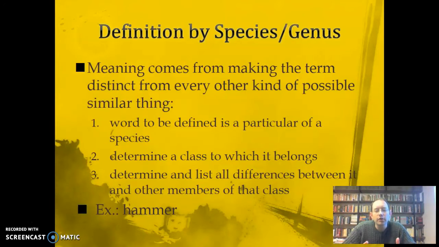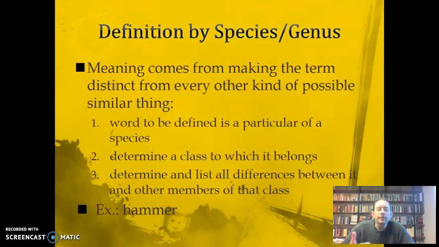So what makes a hammer different from other kinds of tools? And so then you talk about its shape, its form, its function, what it is used for, the special aspects of the hammer that show this particular tool is different from other kinds of tools, and that's what makes a species-genus definition.